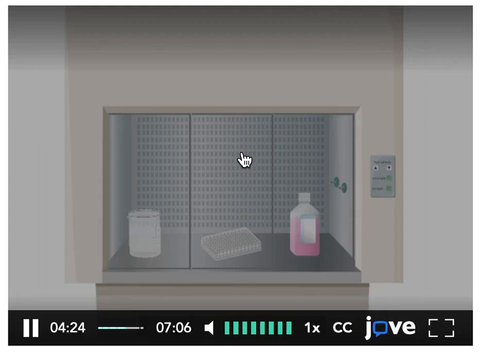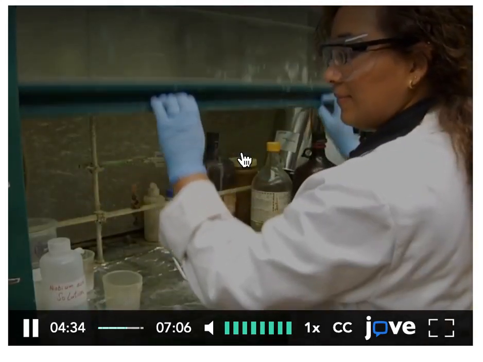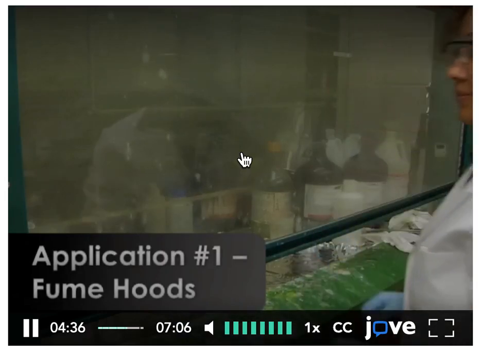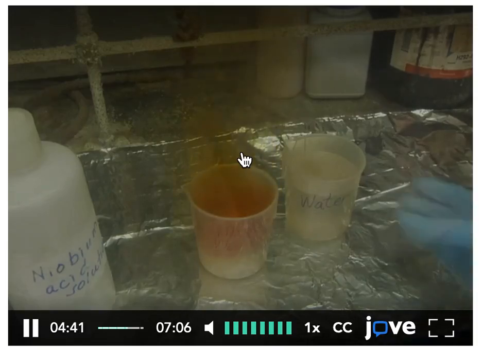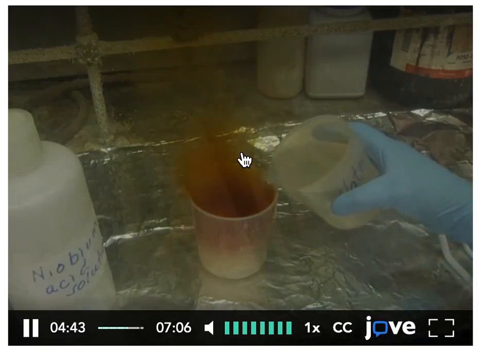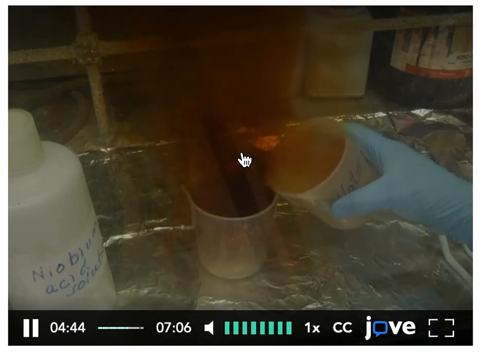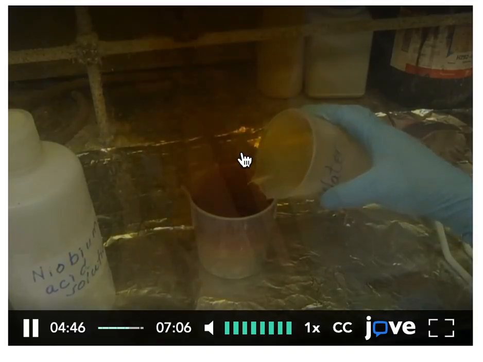Now that we've seen how to work within a hood, let's review some different hood types and the many procedures that can be performed within each type of hood. One specific type of hood is the fume hood. As its name implies, this type of unit should be used for procedures producing toxic fumes or involving chemical reagents that give off toxic fumes.